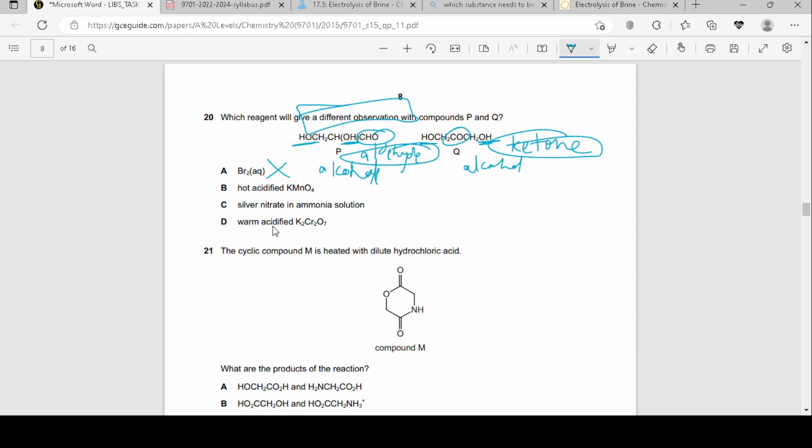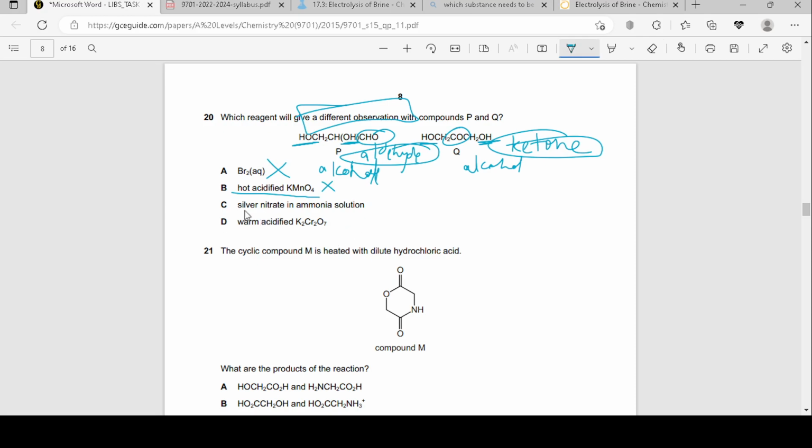But then you have hot acidified KMnO4. Would it give you a different observation? Because both of them have alcohol groups, in both cases your KMnO4 would turn from purple to colorless, I guess. So you wouldn't get a different observation, am I right?